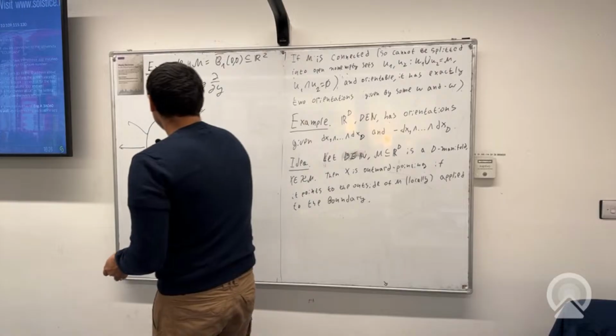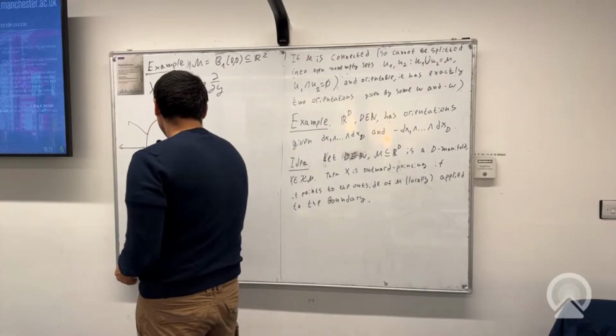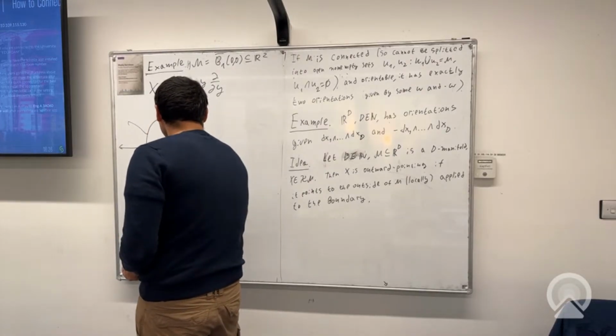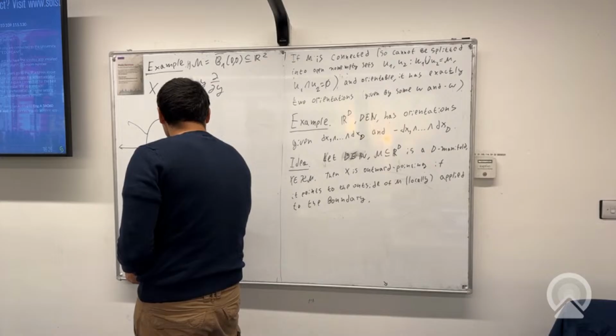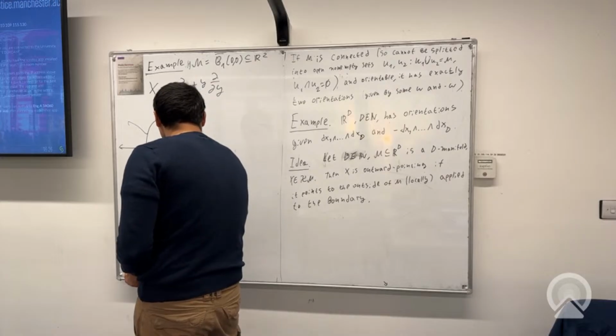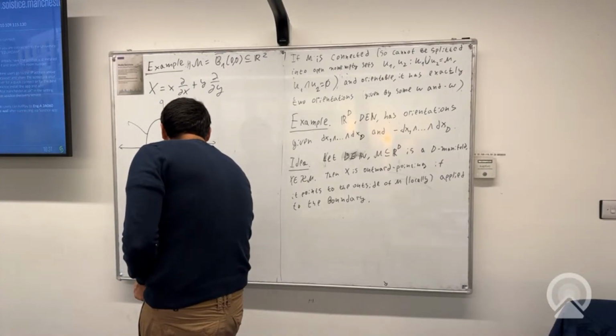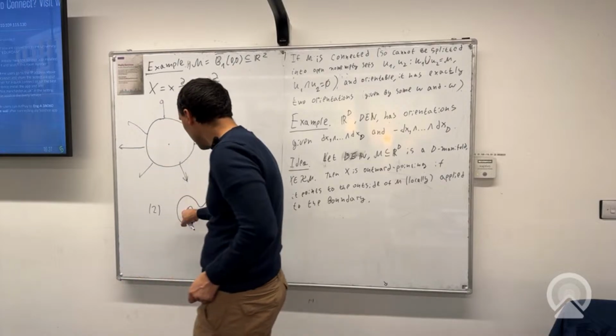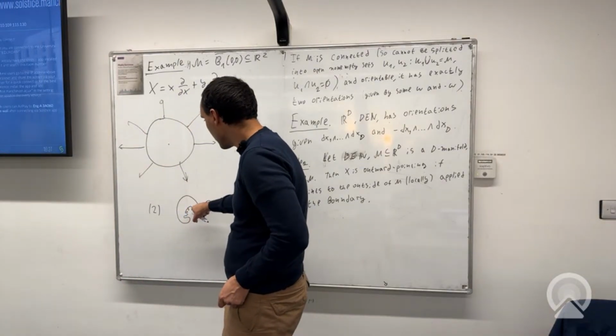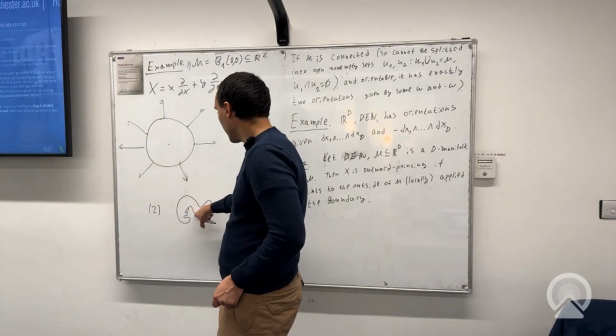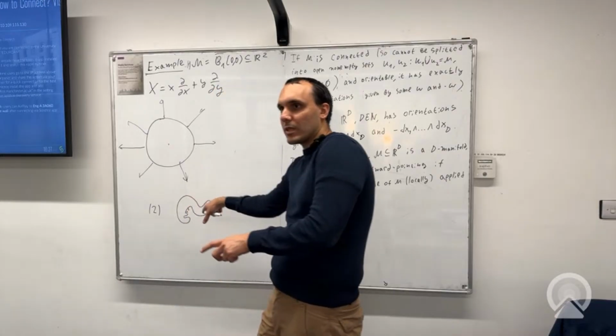Now, example 2 will be something like this, and I'll draw some kind of vector field that does this. This vector field, if I stretch it, will cross the boundary, but locally it points outside.